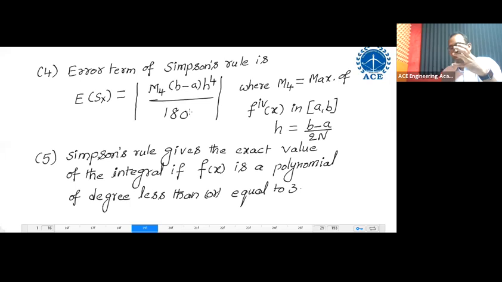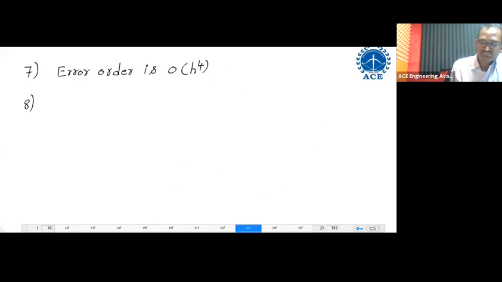That means the error value of Simpson's 1/3 rule is small compared to Simpson's 3/8 rule. So Simpson's 1/3 rule is more accurate.